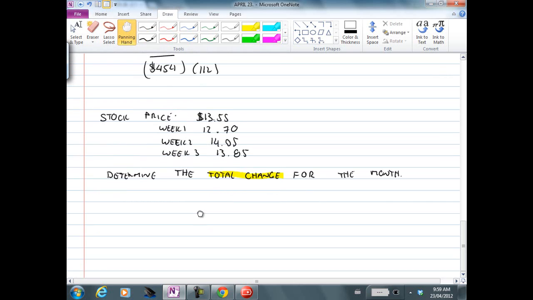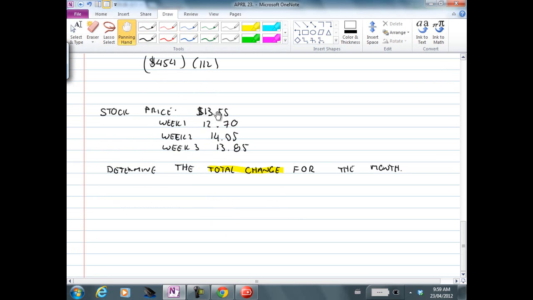In this case, my original price was $13.55. I went to $12.70, $14.05, $13.85. See, a lot of people say, can I just take this minus this, and they really just give me a 30-cent change? See, the total change is all the value that changes from week to week.